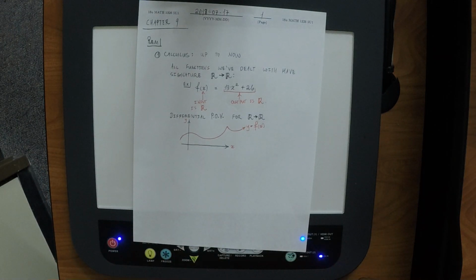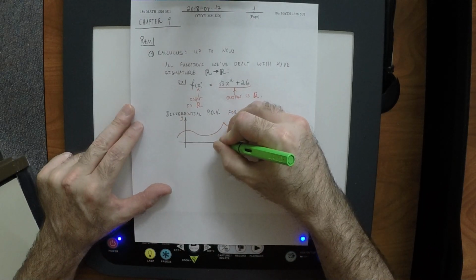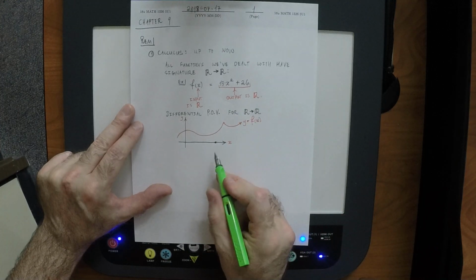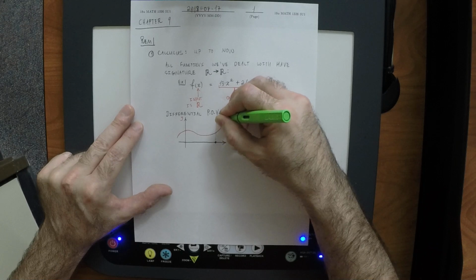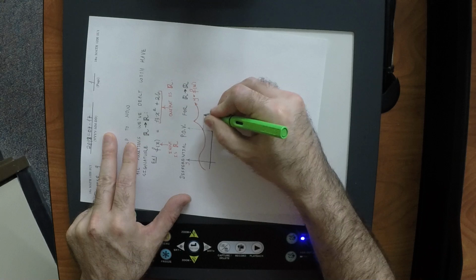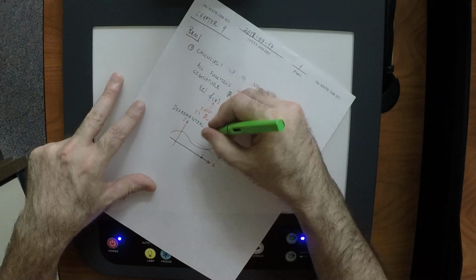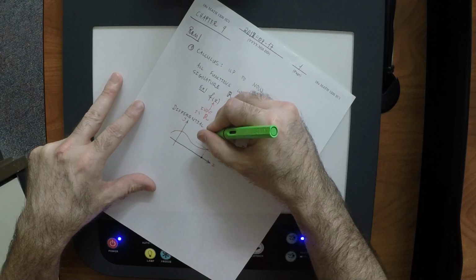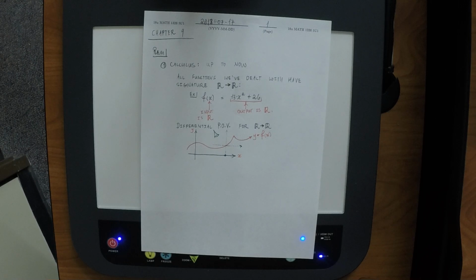The differential point of view is that if you choose a particular input, say that one, and you consider what the function does near that input, looking really close with the calculus eyeball, then locally the function appears flat.